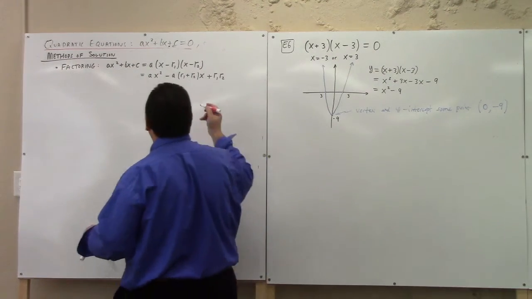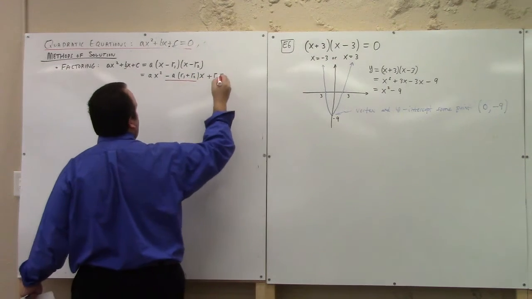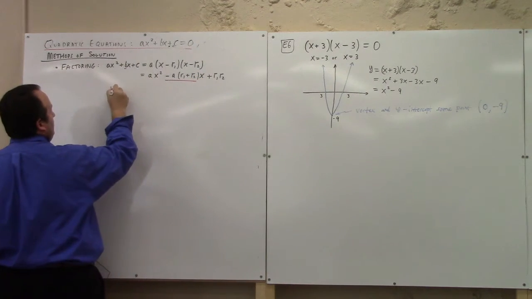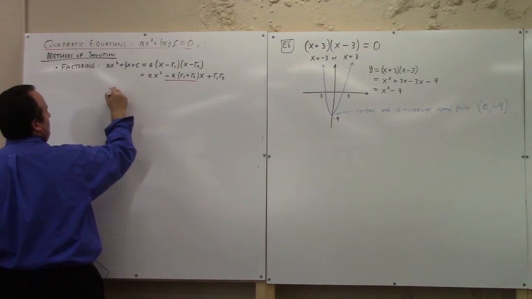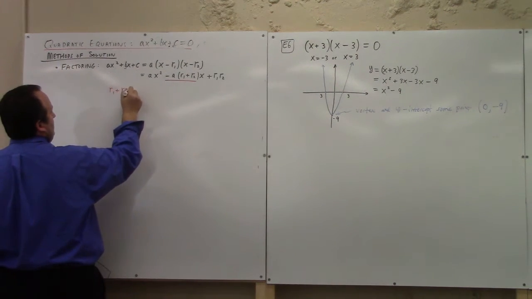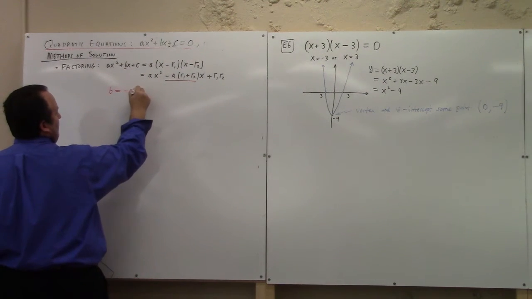So this b, right, it has to match what goes over here. So we get b, or, well, let me write it this way. We get r1 plus r2, in between step. b is equal to minus a times (r1 plus r2).